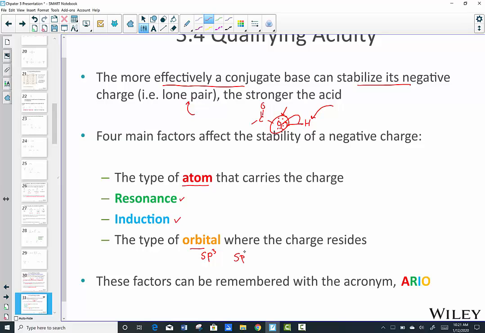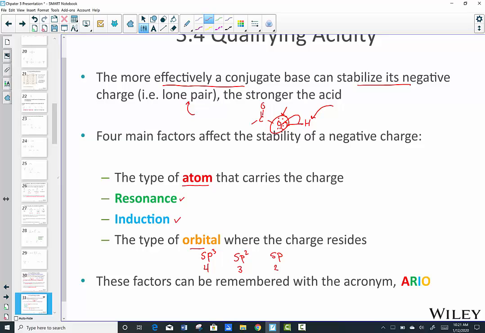Is it a trigonal planar, a total of 3 domains, sp2? Or are there just 2 domains in a linear molecule, an sp hybridized orbital? All 4 of those considerations help us determine the stability of the conjugate base.